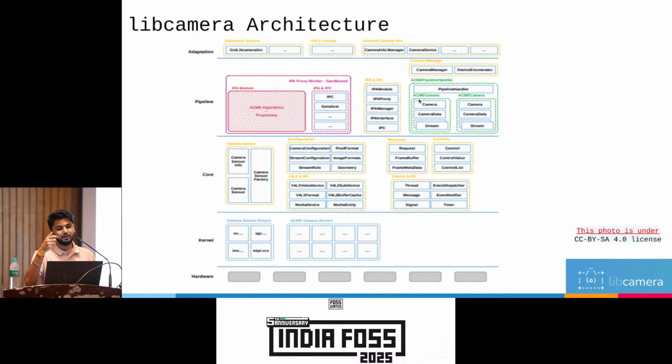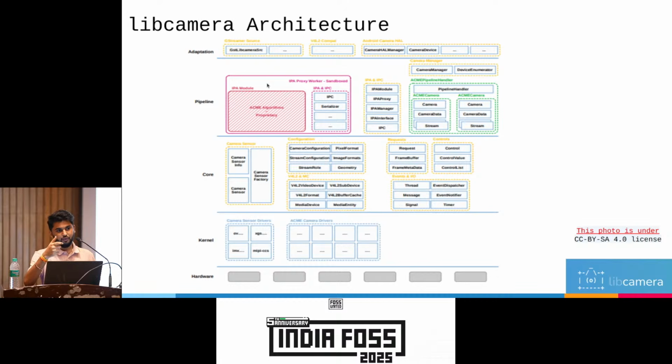An IPA module you can load as a shared library, or it may be compiled directly with Libcamera as a static library. And if you want your IPA module to be closed source, then the Libcamera architecture will not run your IPA module in the Libcamera process.